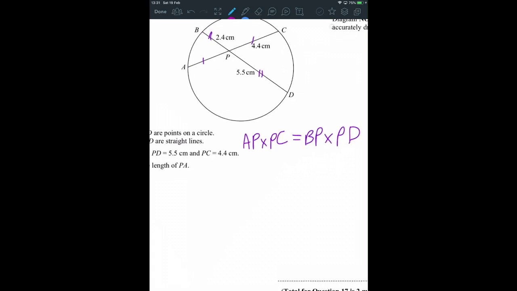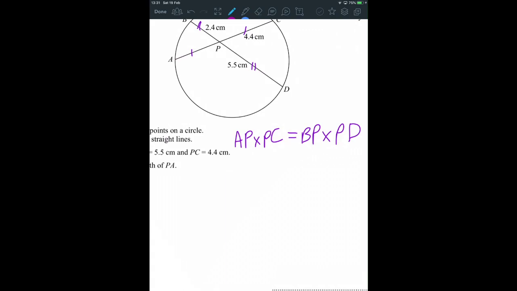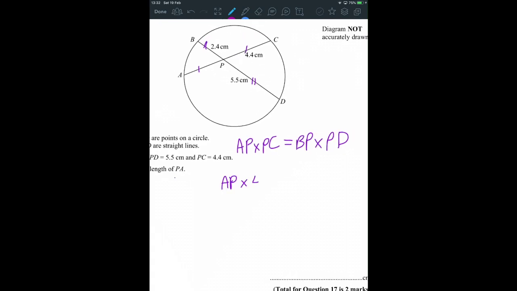Putting in everything we know, we're trying to find the length of AP, or as you see the question just over there says PA, it does not matter the order you write those. Putting in the other values, 4.4 times AP equals 2.5 times 5.5. So AP in my calculator is going to be that product divided by 4.4.